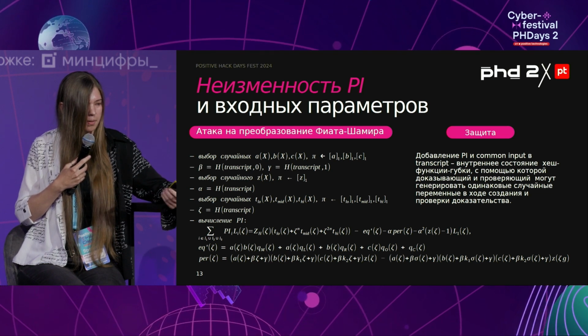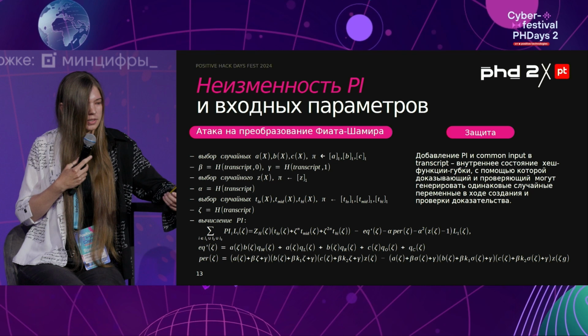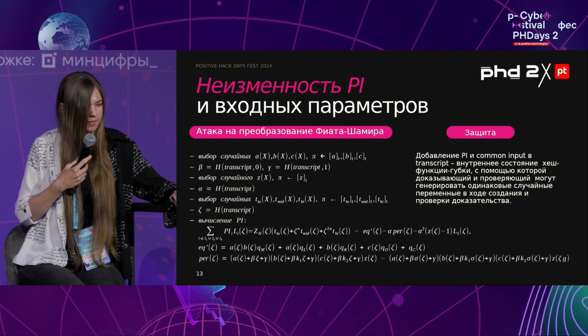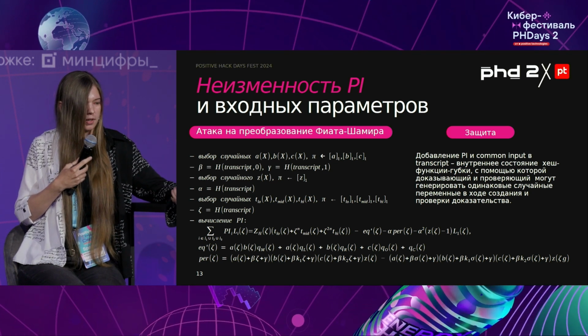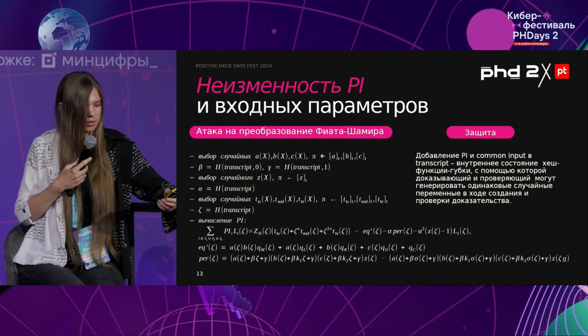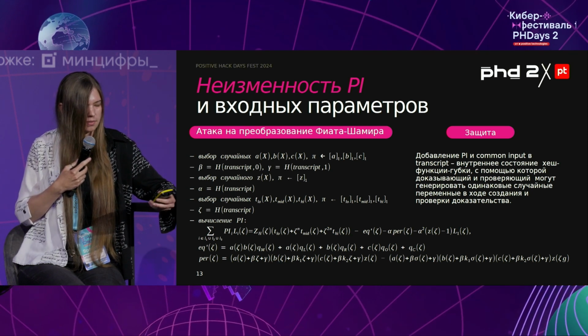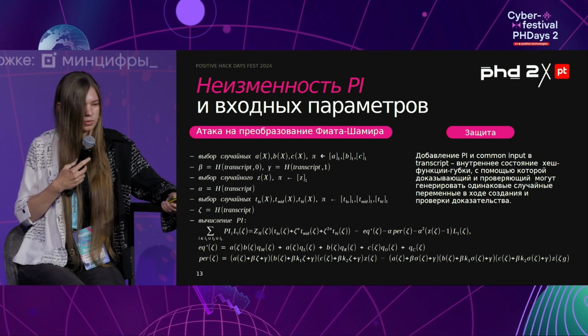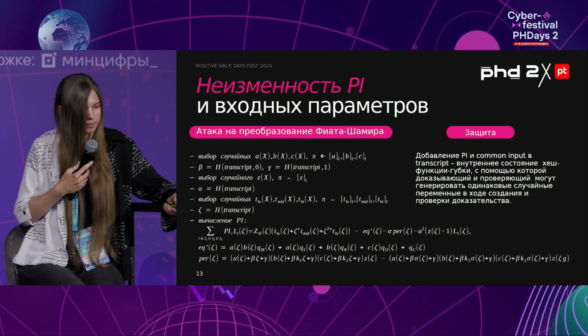If this transcript depends on the public input, we will not be able to replace the public input, because for this we'd have to break this hash function.